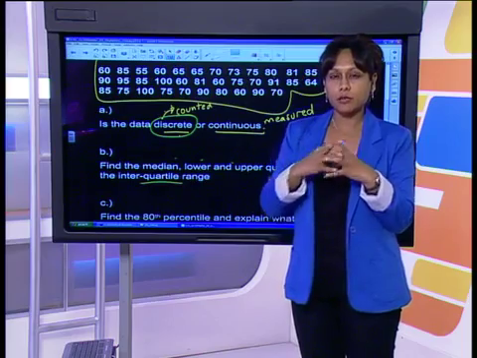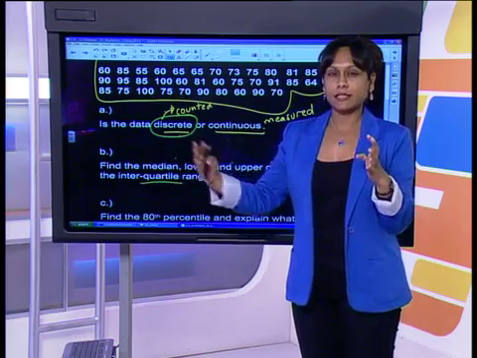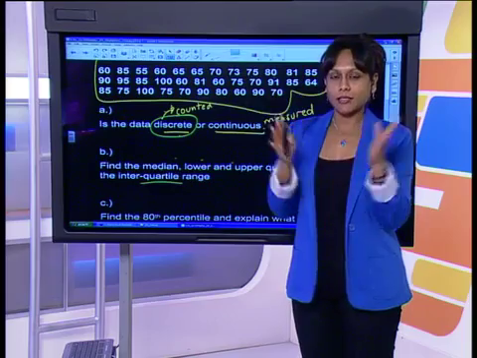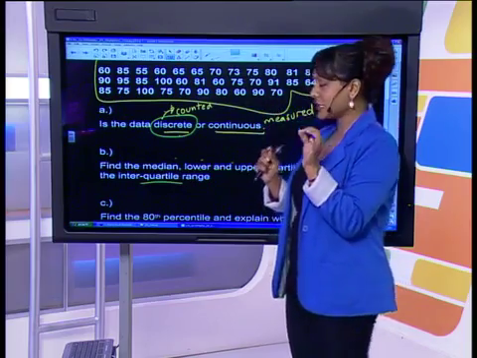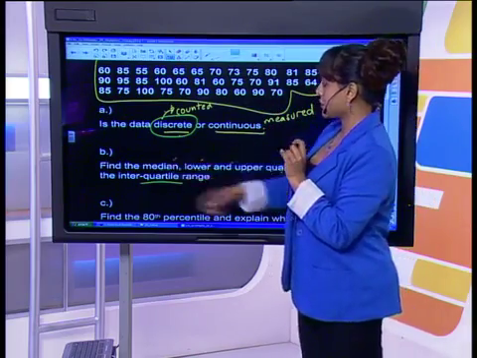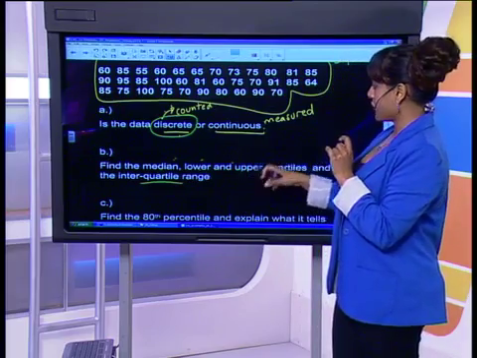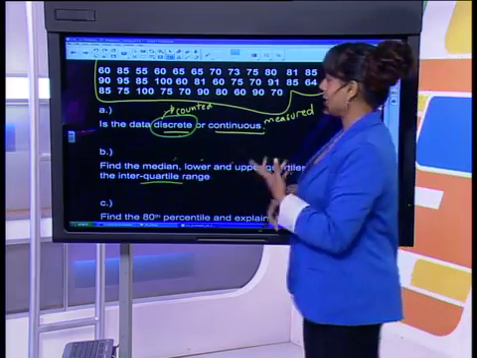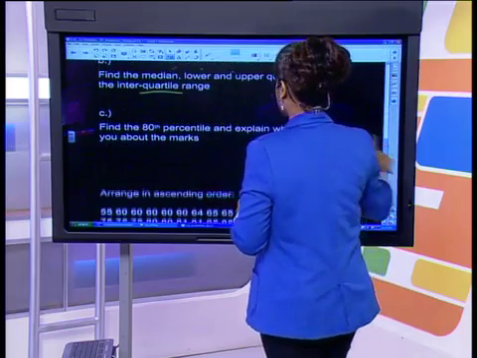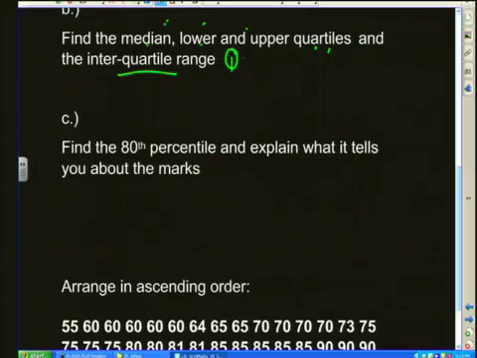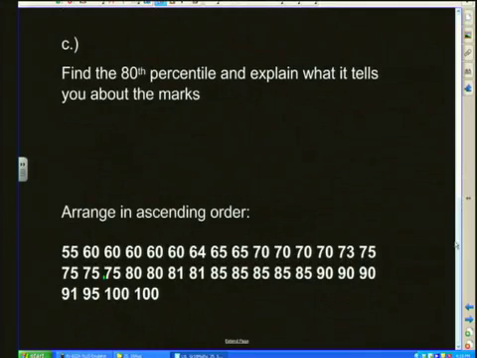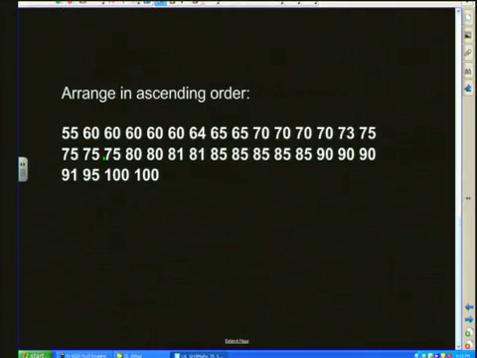Then we determine our median, which is the centermost number, and then find our lower and upper quartiles and the interquartile range, which is the difference between the upper quartile and the lower quartile. We've already arranged the data in ascending order, from the lowest mark, 55, to the highest mark, 100.